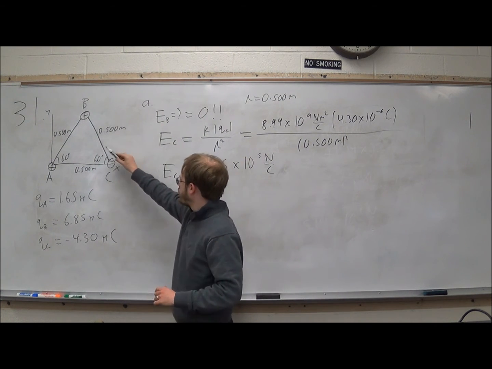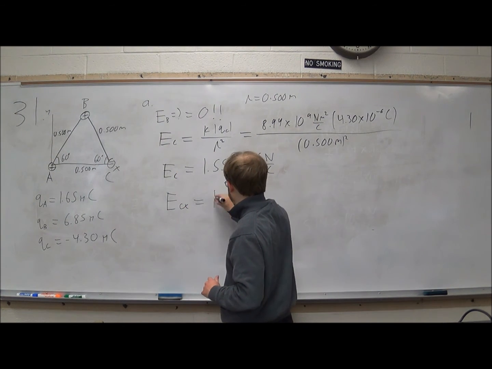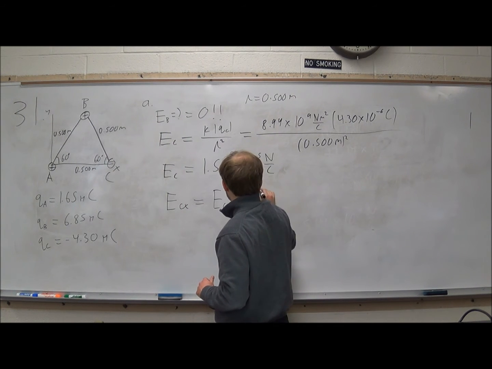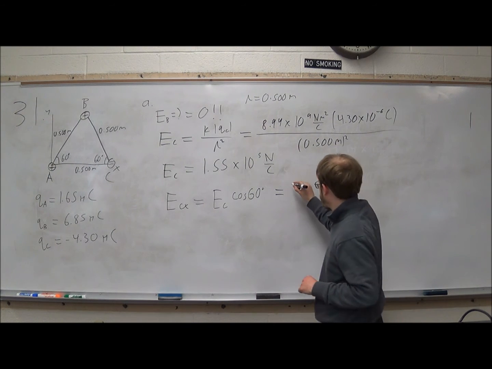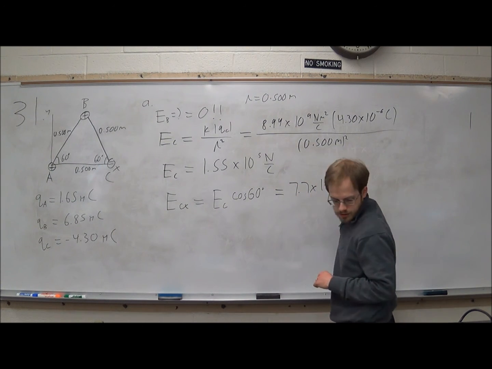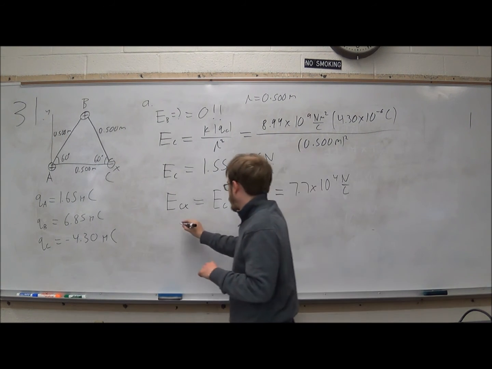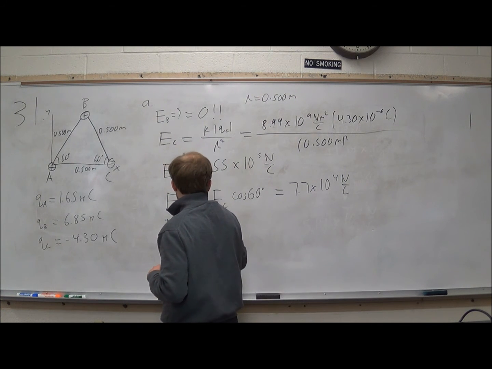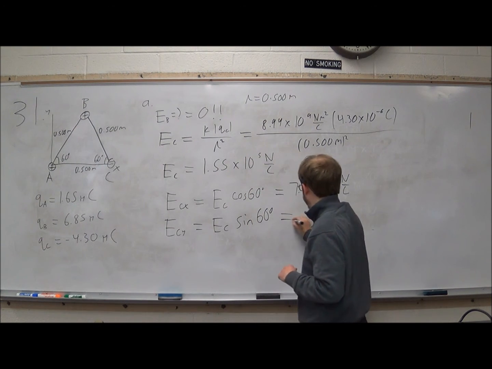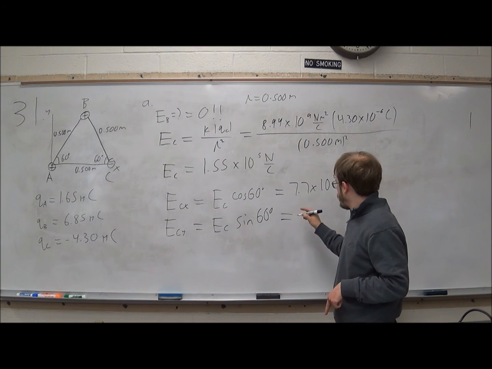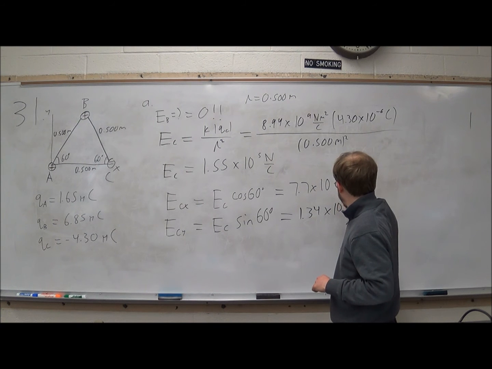E_Cx, again, will still use our 60-degree angle: E_C cosine of 60, and that gives us 7.7 times 10 to the 4 newtons per coulomb. We're going to get our y component, same idea, except now we're using sine. This ends up being 1.34 times 10 to the 5 newtons per coulomb.